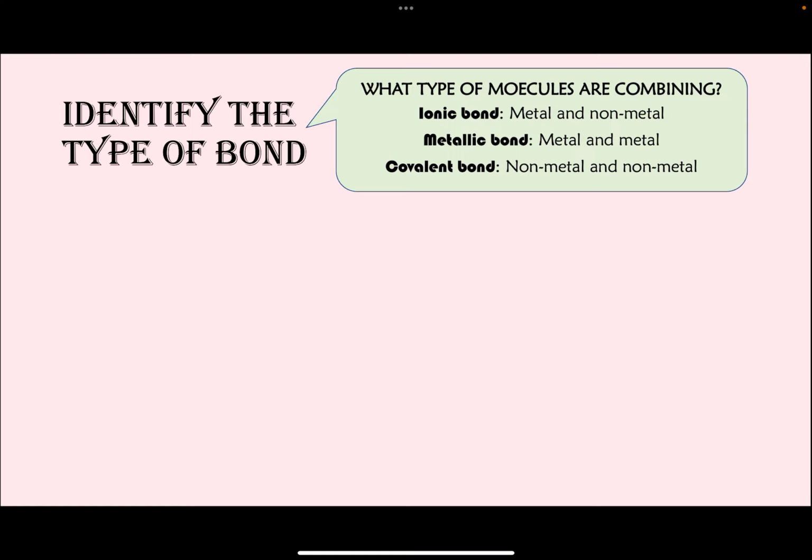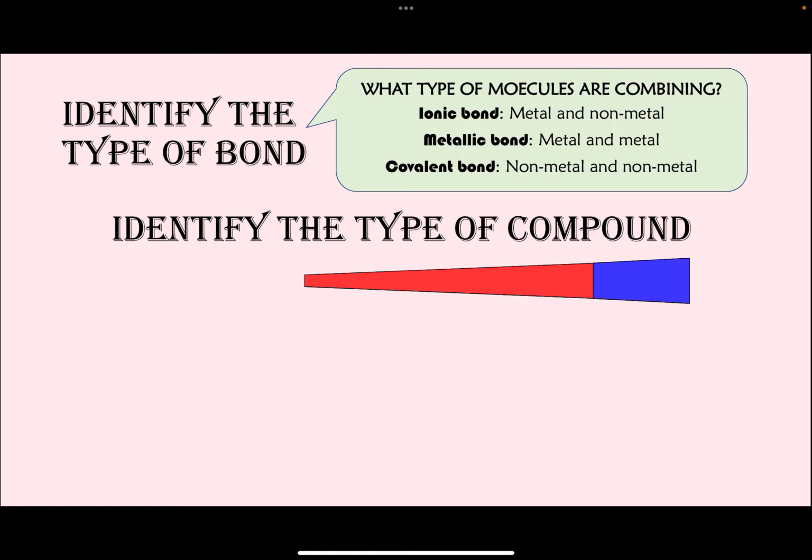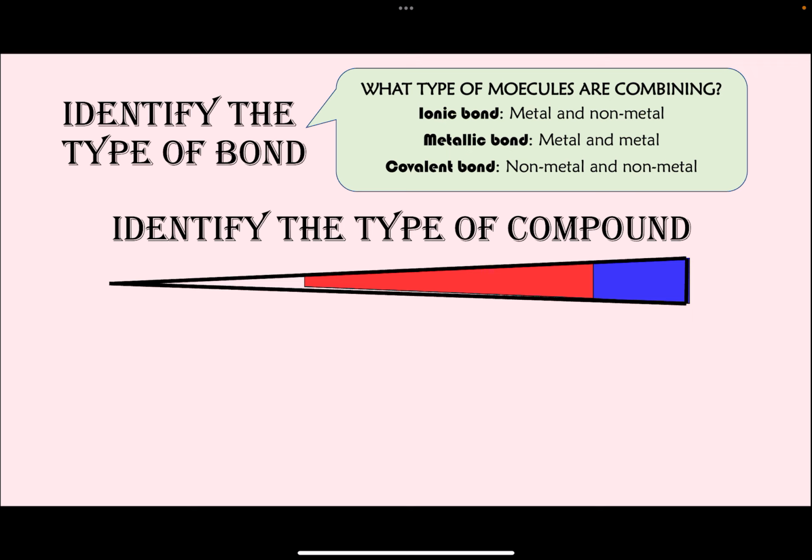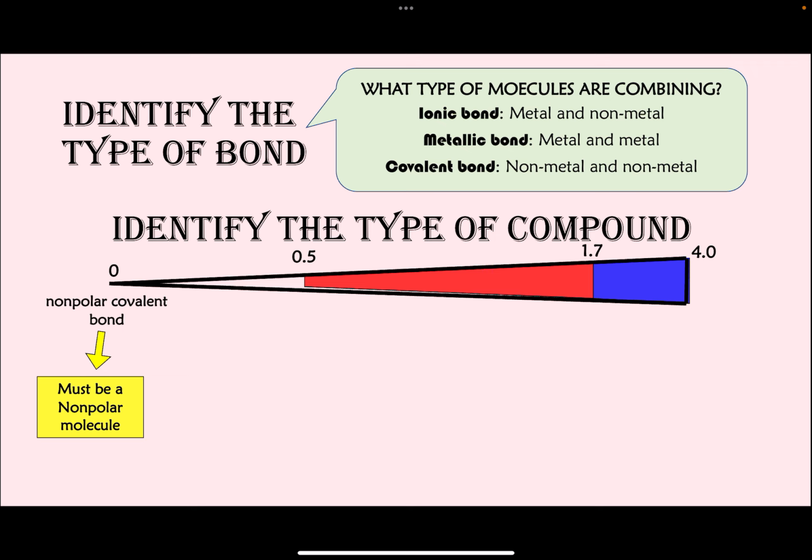And if we are asked to identify the type of the compound instead of the bond, then we can look at the electronegativity difference, okay? So if your electronegativity difference is between 0 and 0.5, then we have a non-polar covalent bond, which means we are most likely going to have a non-polar covalent molecule.